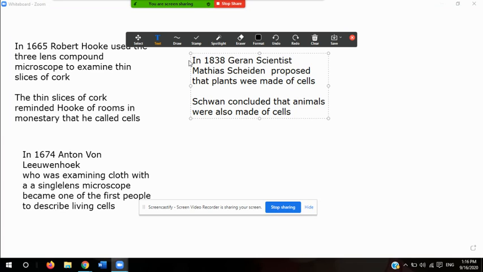And in 1839, Schwann published the first statement of the cell theory. Schwann stated that all living organisms are made of cells.